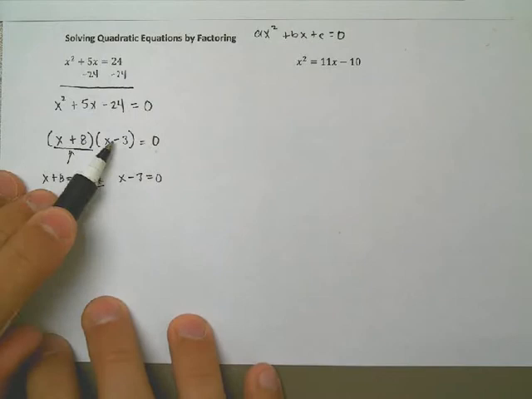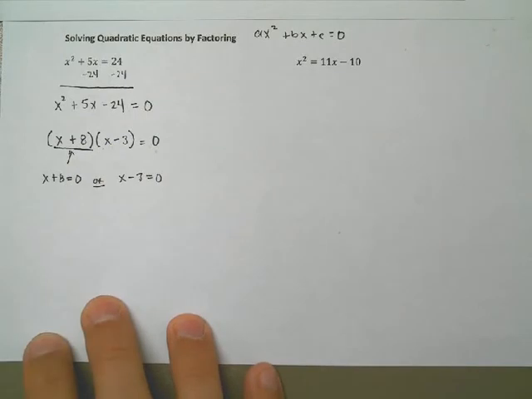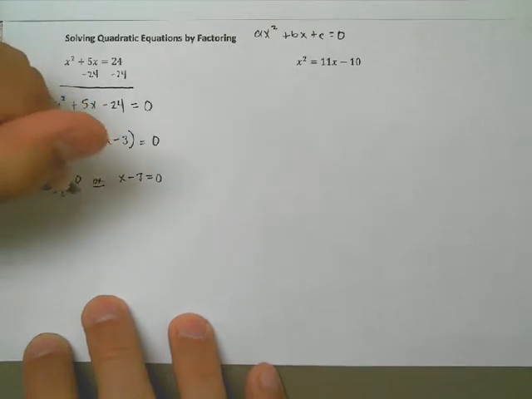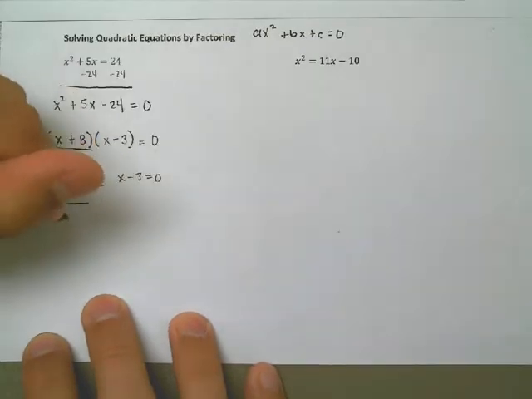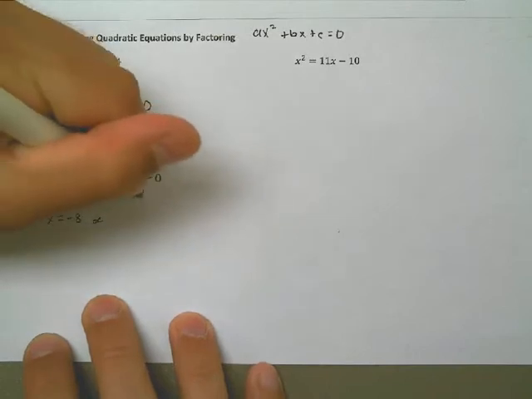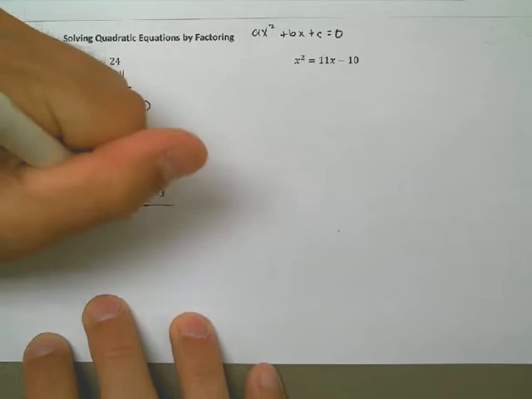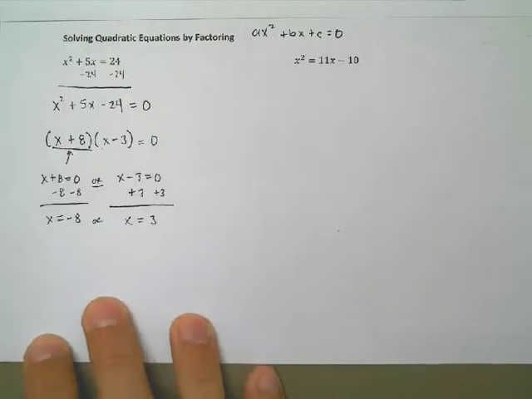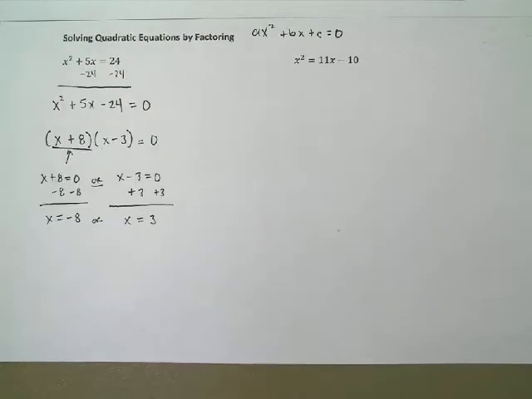Solving for x in the left one, I subtract 8 from both sides, and I end up with x can be negative 8. Or, if I add 3 to both sides on the right-hand side, x can be equal to 3. So there's two numbers that will give me a 0 for this equation, and that is, then, my solutions. X is equal to 3 or negative 8.